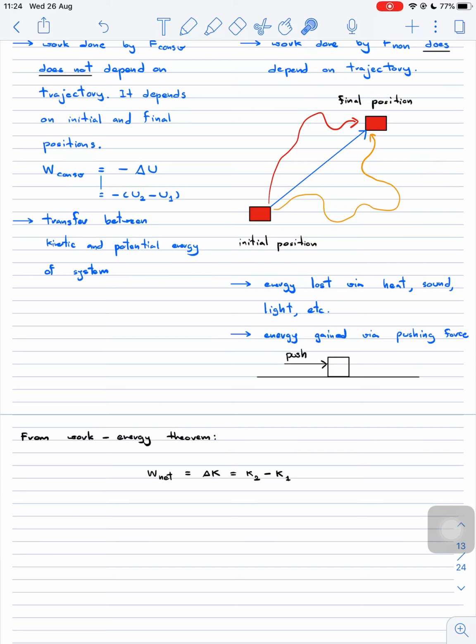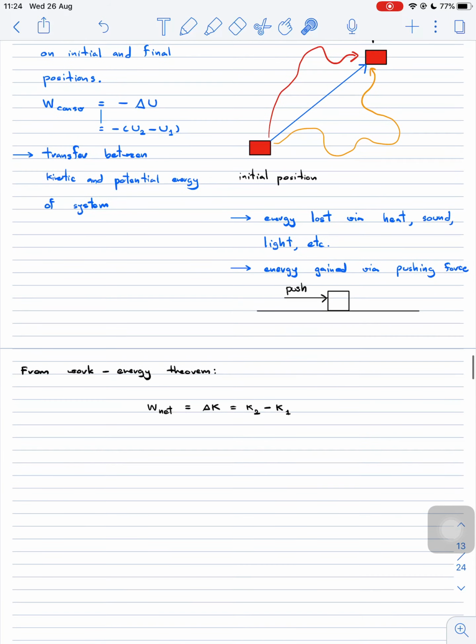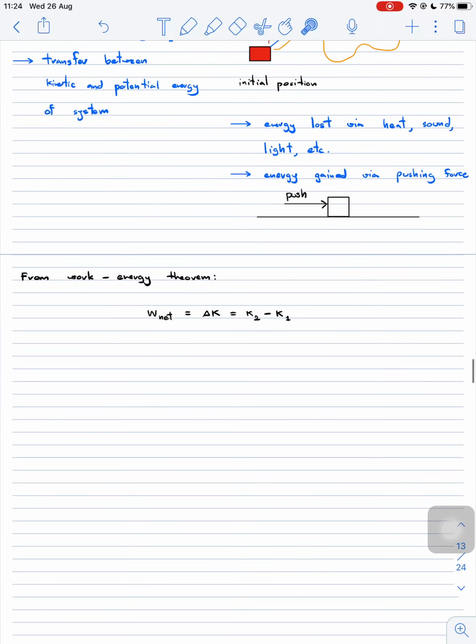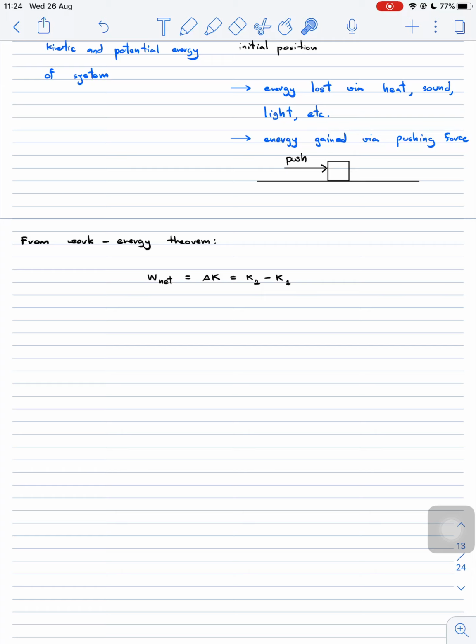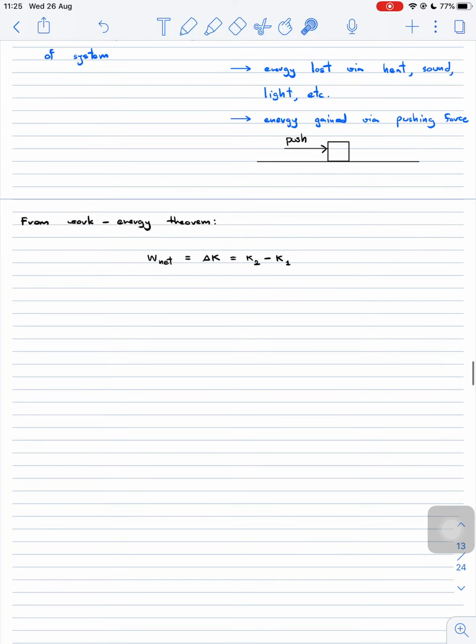Now we just want to find another version of the work energy theorem that can separate between the conservative force and the non-conservative force. So let's start from this one. We said that the work energy theorem is the work done by the net force, or the resultant force, equal to the change in the kinetic energy of the system.